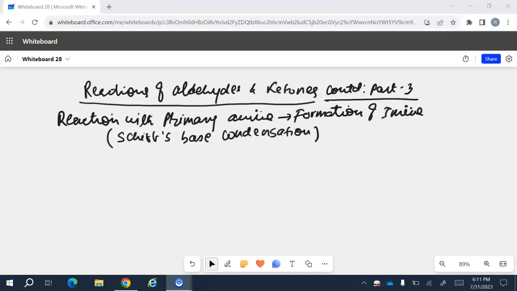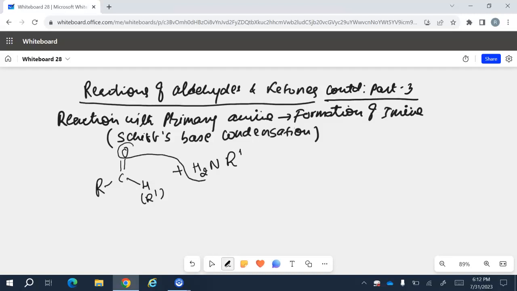And what we learned is if we have aldehyde or ketone, RCOH or R prime, H for aldehyde and R prime for ketone, and if we react with a primary amine H2N, say R double prime, then what happens is it loses the water molecule, and normally this reaction takes place in presence of a little bit of acid catalyst.